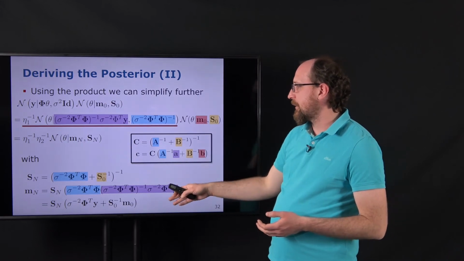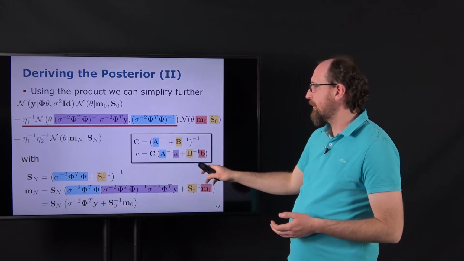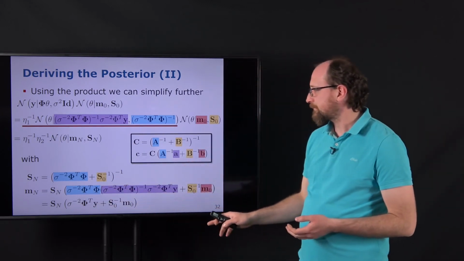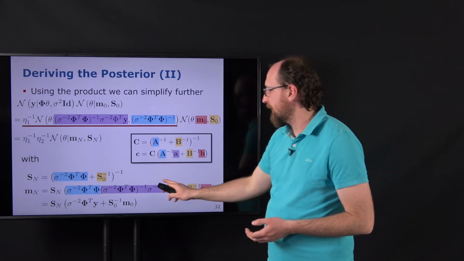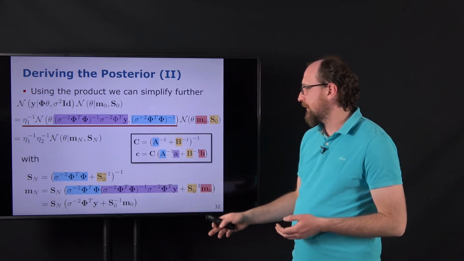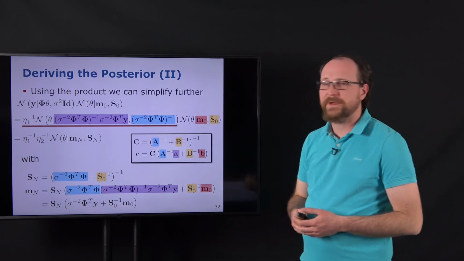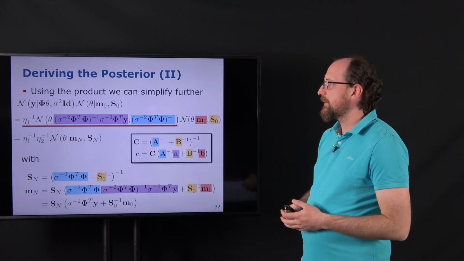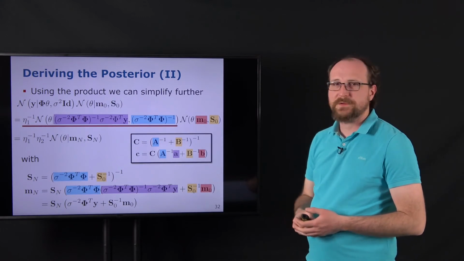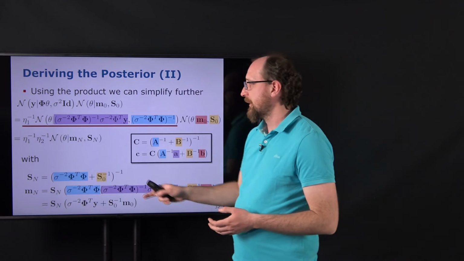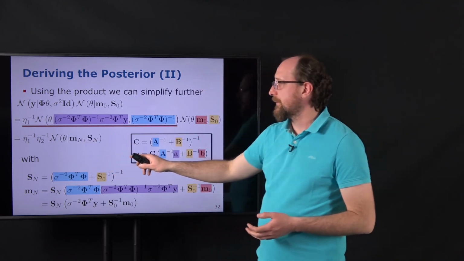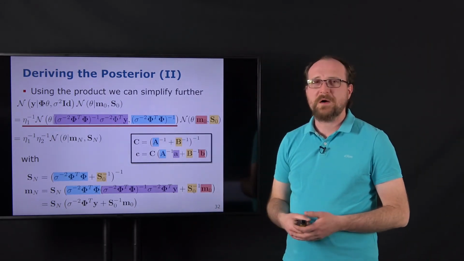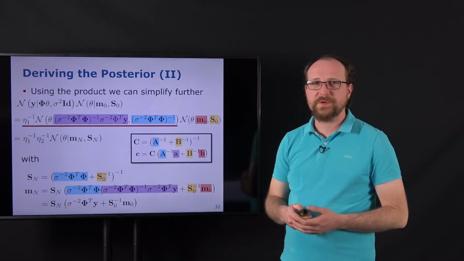When you plug this all into these formulas here, you will see that both terms cancel out. And with this, we get this short term in the end. Now we have basically derived the numerator. So the numerator is given by this normal distribution and these normalization terms, which are maybe not so nice to have in the end.